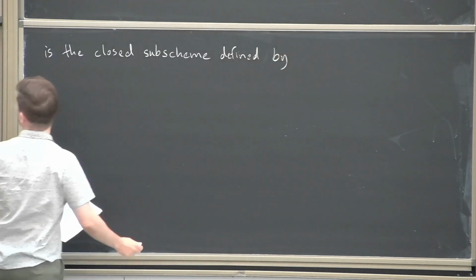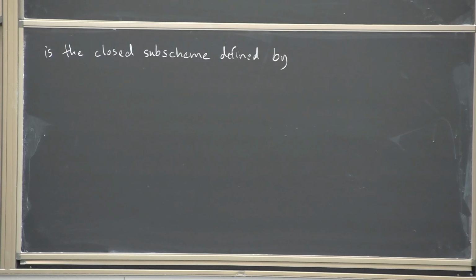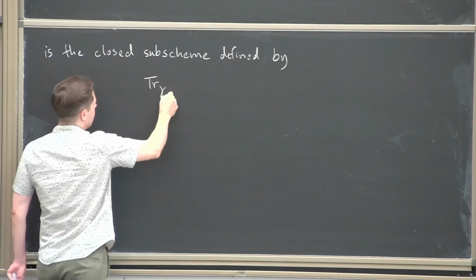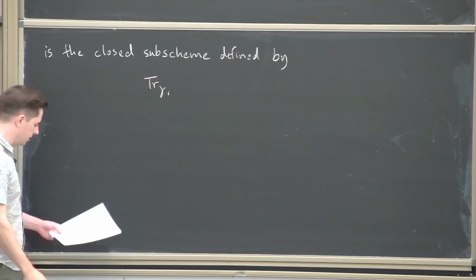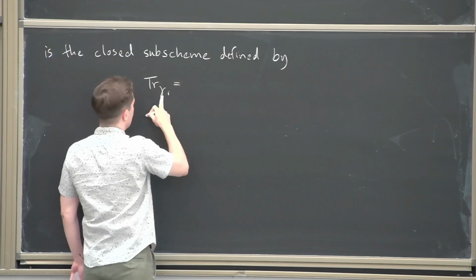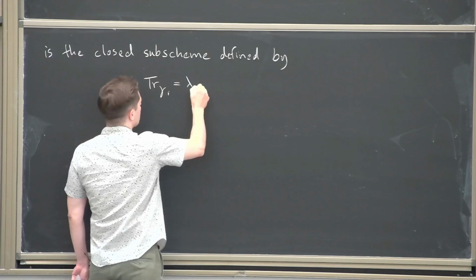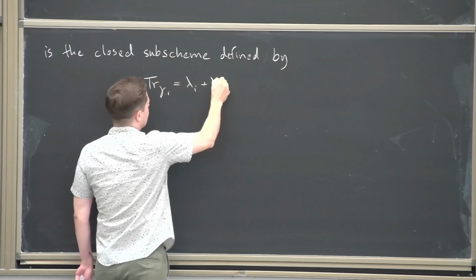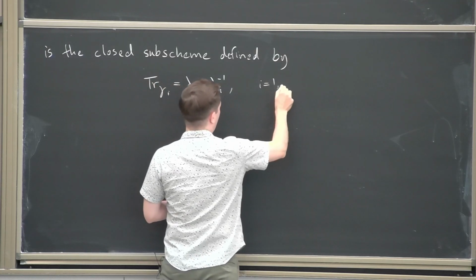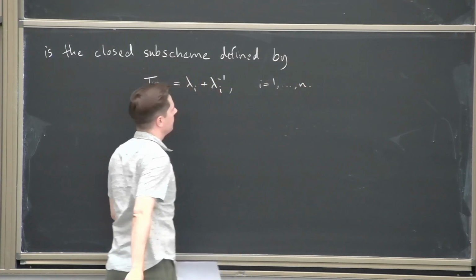So remember, we have these functions, trace gamma, on the character variety, and in particular, when the surface has boundary, we have these functions trace gamma_i associated to boundary components. So we'll impose the relation that trace gamma_i equals lambda_i plus lambda_i inverse, where i goes from 1 to n.